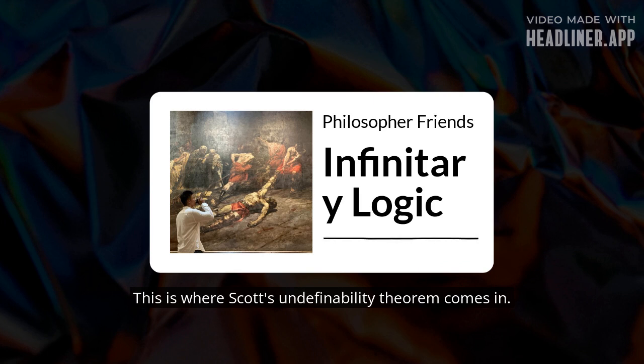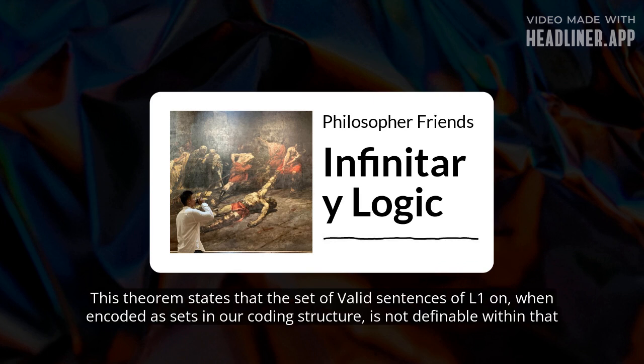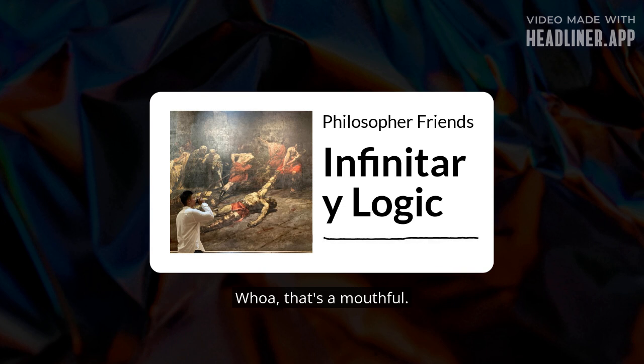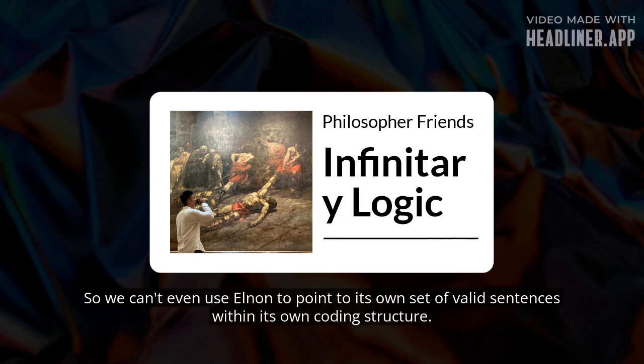This is where Scott's undefinability theorem comes in. This theorem states that the set of valid sentences of L11, when encoded as sets in our coding structure, is not definable within that structure, even using the full power of L1 itself. Whoa, that's a mouthful. So we can't even use L11 to point to its own set of valid sentences within its own coding structure.